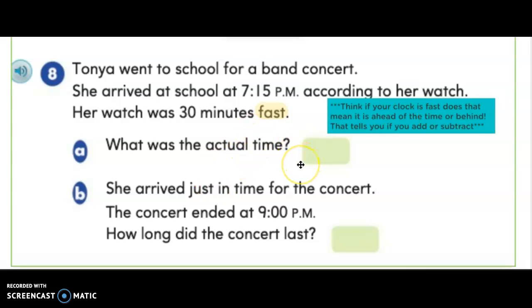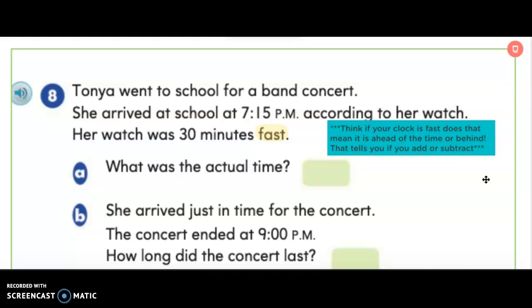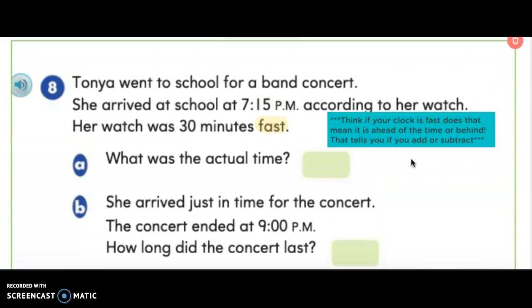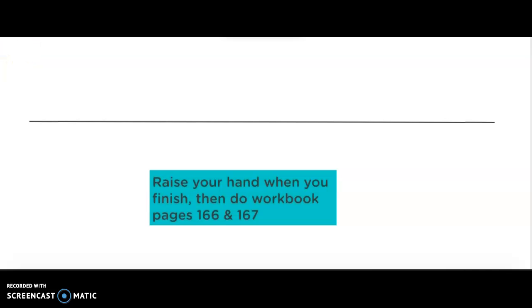So first find out what the actual time is, and then she arrived just in time for the concert. The concert ended at 9. How long did the concert last? So you can use this timeline to jump from 7:15 p.m. to 9. Don't forget to raise your hand once you finish. Good luck, and make sure you post a picture of your workbook pages once you finish.